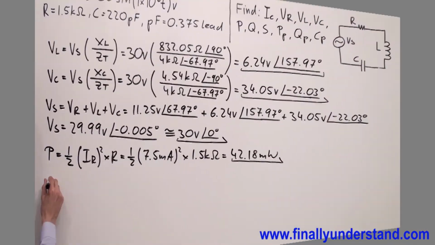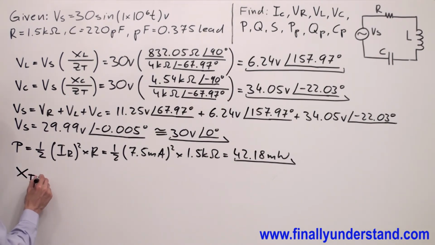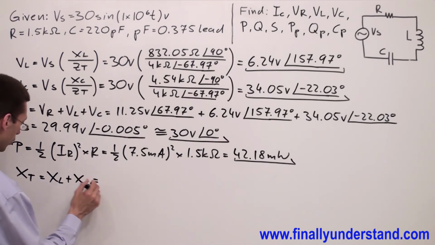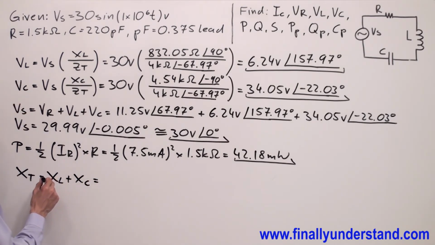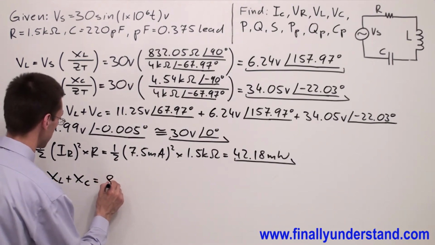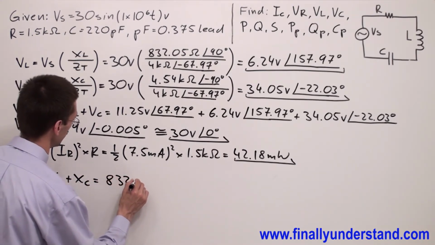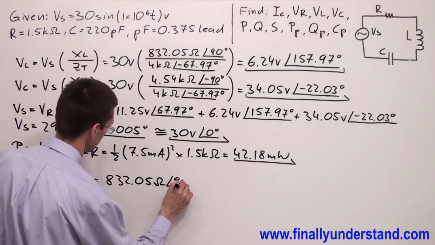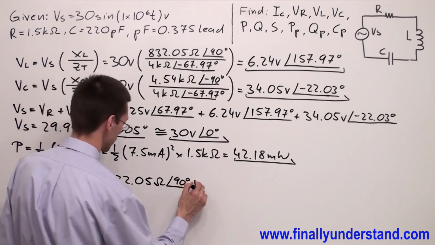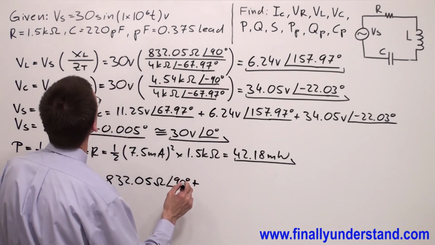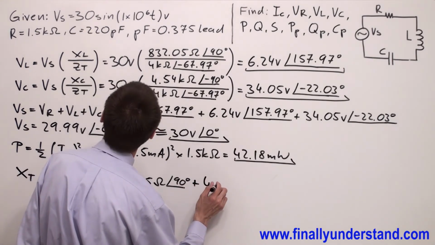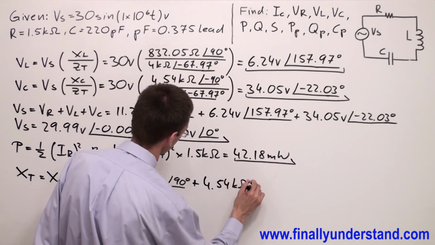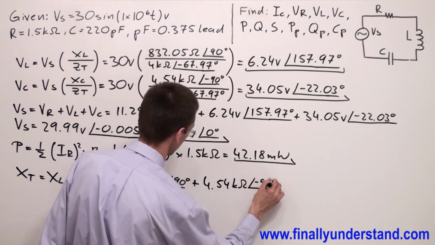Okay, so total reactance is equal to X of L plus X of C, where X of L we found is equal to 832.05 ohms and angle of 90 degrees, plus X of C, which is equal to 4.54 kiloohms and angle of negative 90 degrees.